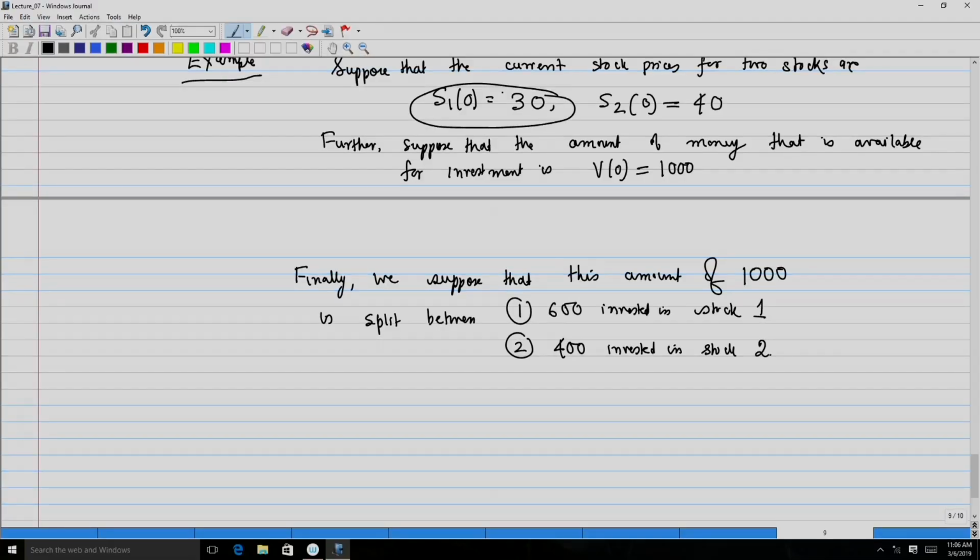The price of the stock was 30. So, therefore, we can buy x1. So, your investment is 600 divided by the price of each of the stock, which is 30.